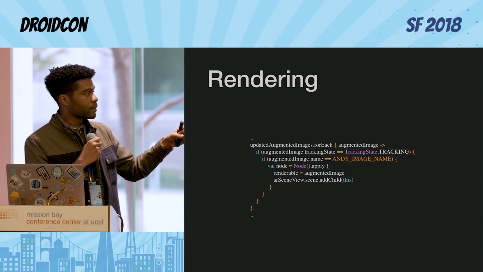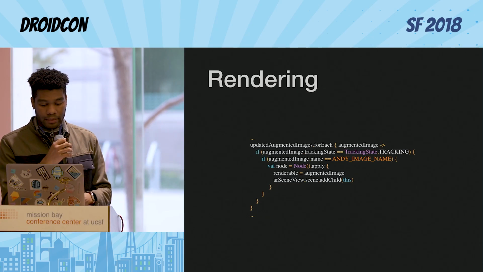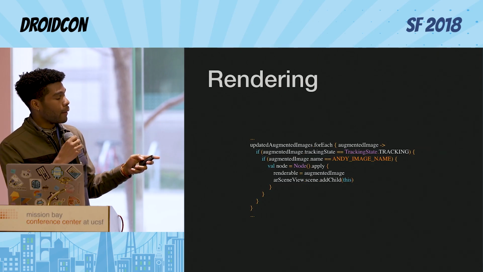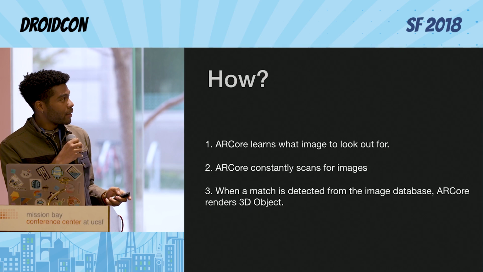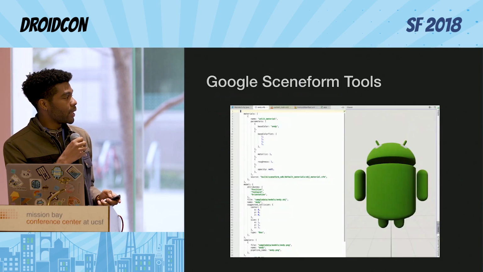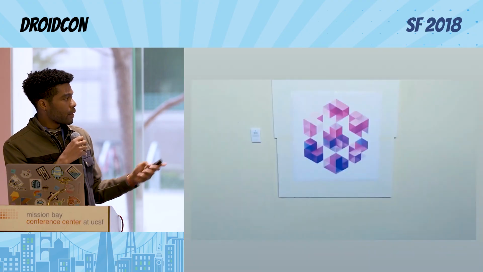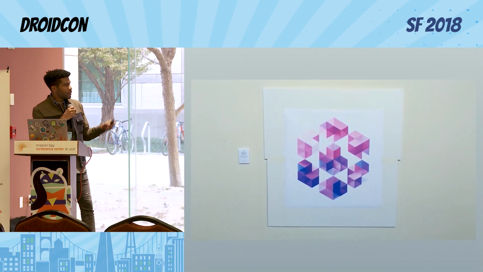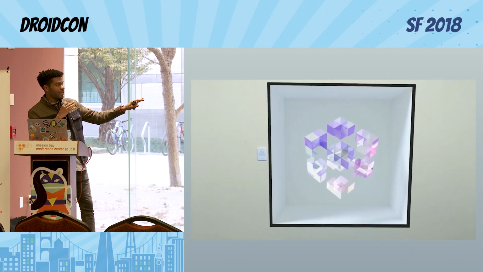So going back a couple steps, what this means is that if we look at the Google example again, we can see that right now ARCore has just picked up that it's tracking the image.